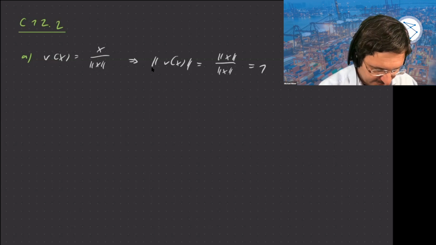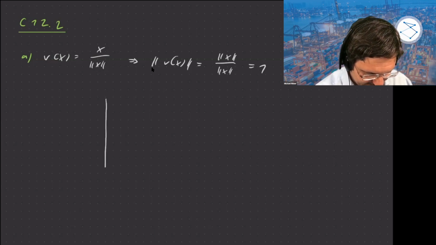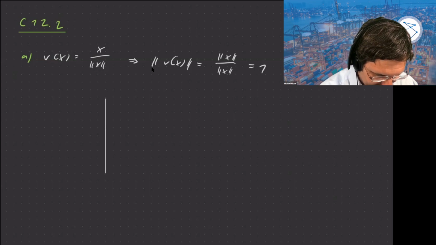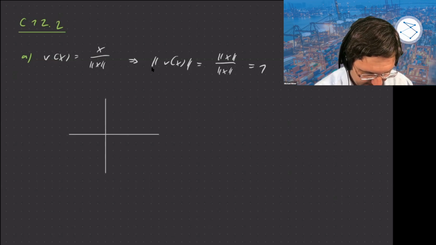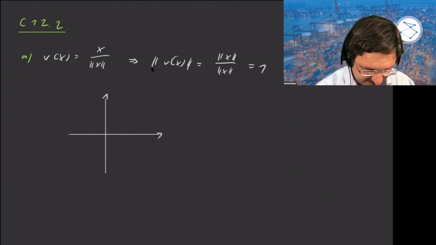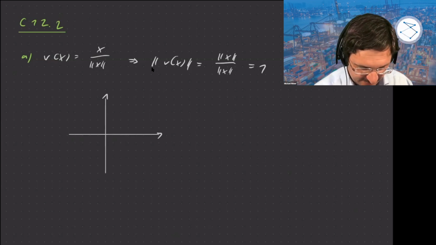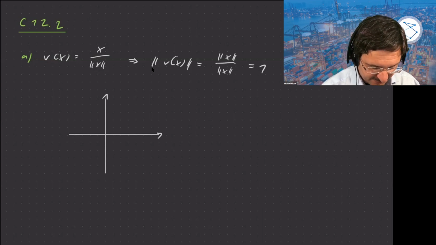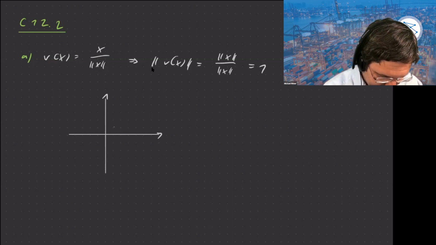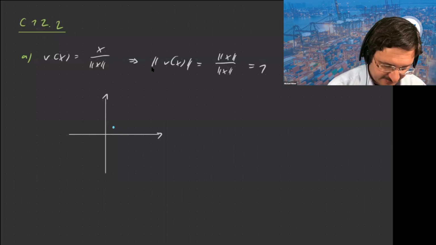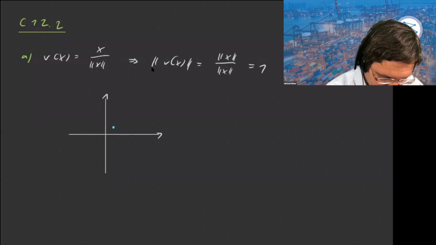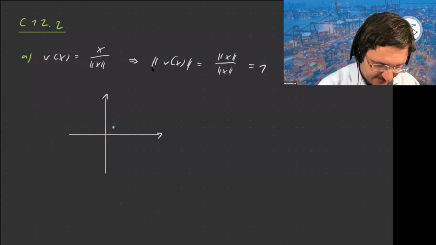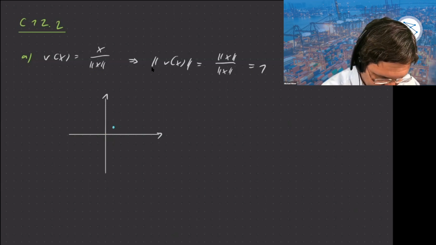So we can sketch that vector field pretty easily. All right, so basically that looks like this. Nothing at the origin, that's excluded, but anywhere else, let's say we take this point here, then the direction is given by this point itself, and the length is always 1.